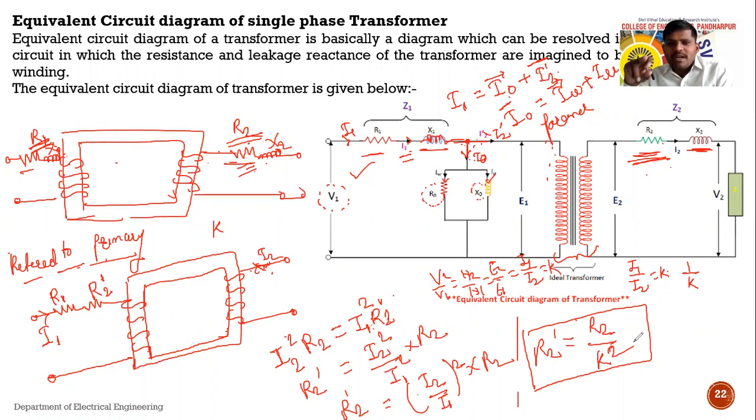So R2 dash is equal to R2 divided by K square. While transferring secondary value to the primary side, there should be a divide by K square. That means there is an effect of K.